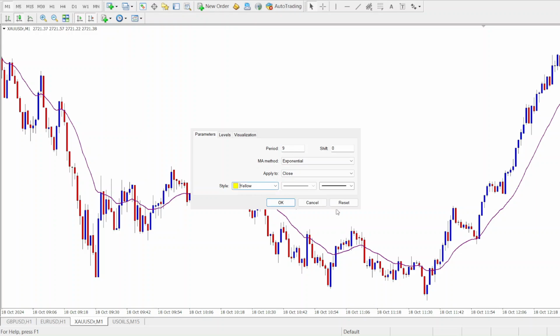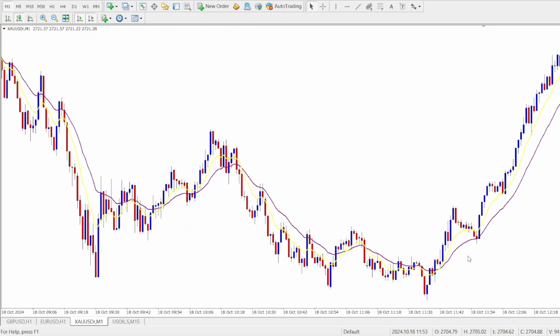I'm just going to use the 9 period in addition to the 20 that we already added. So when the shorter period moving average crosses over the higher period, it indicates a signal. When you have a bearish crossover, it indicates a sell signal. When you have a bullish crossover, it indicates a buy signal. That's when the 9 EMA crosses below the 20 EMA, it is a sell signal. When the 9 EMA crosses above the 20 EMA, it is a buy signal.